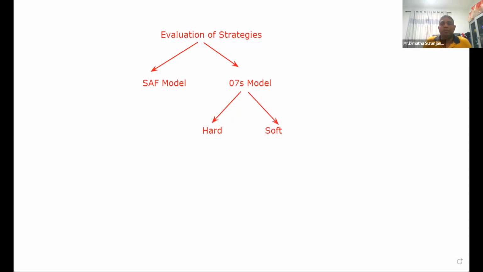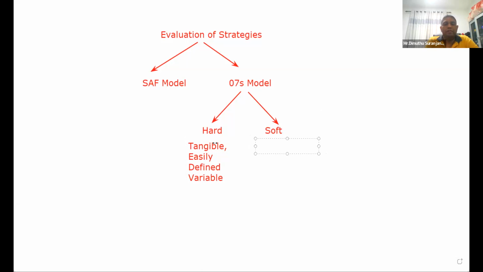So what is a hard element? Can someone let me know? Normally it is more tangible and an easily defined variable. Soft elements are normally more intangible in nature and very difficult to define also.